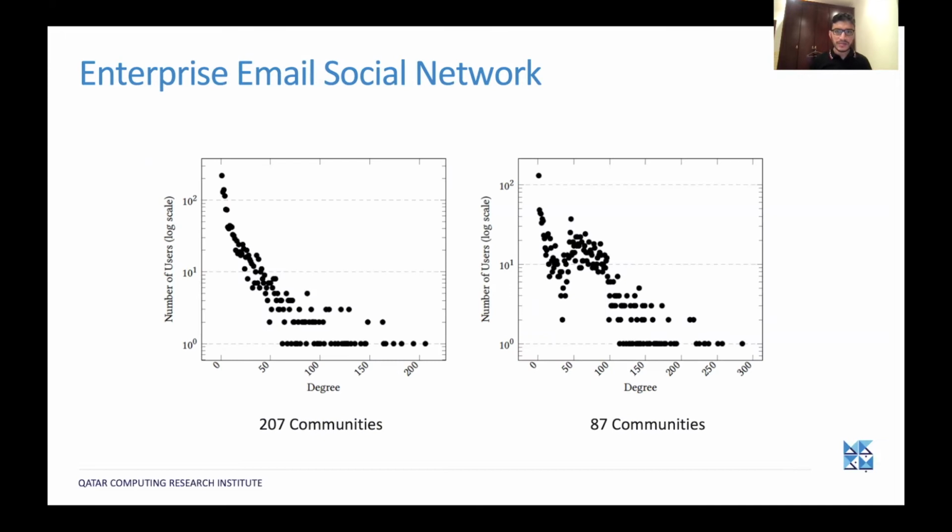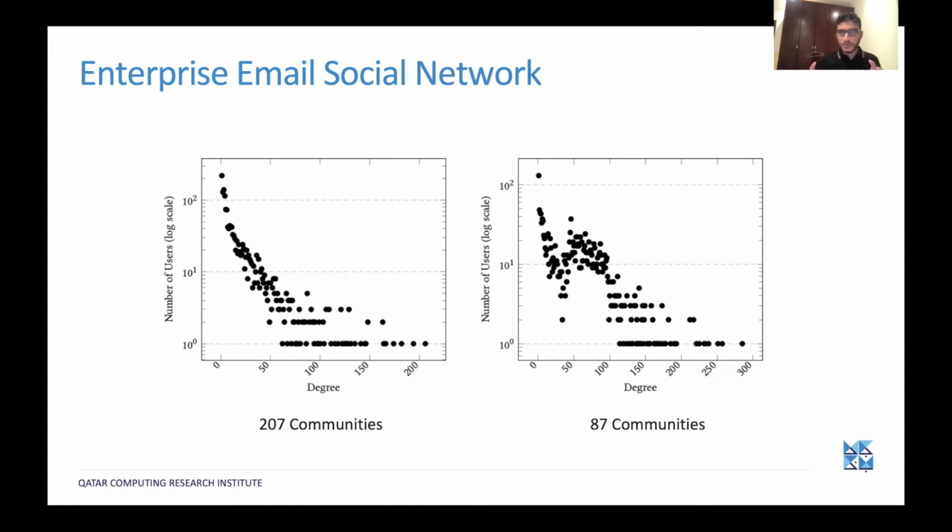The two diagrams in this figure show the degree distribution for two graphs we built based on the email communication patterns in the enterprise. In a later slide, I will be explaining how we build these graphs. A key point that I want to emphasize here is the shape of the distribution. They closely follow the power law distribution, which is typical in a social network.